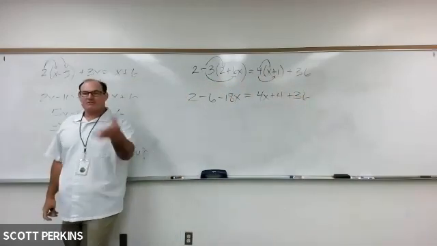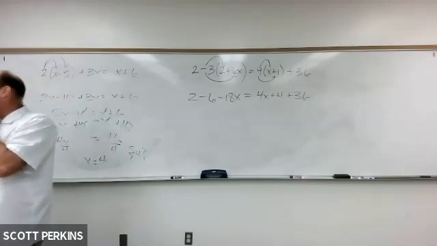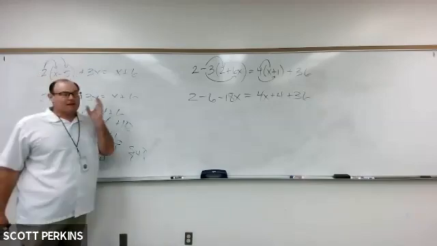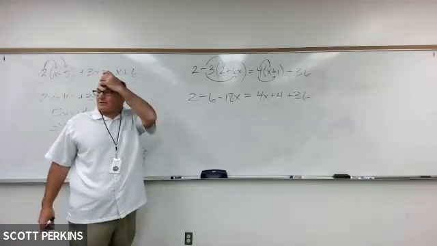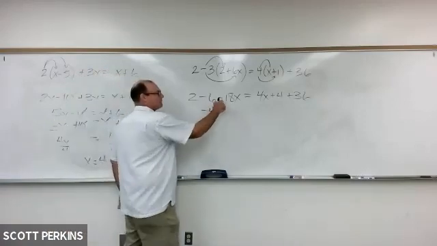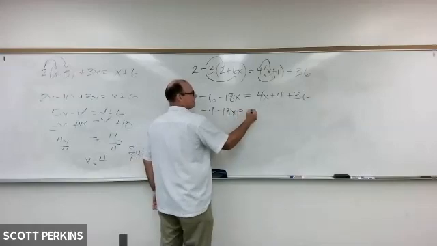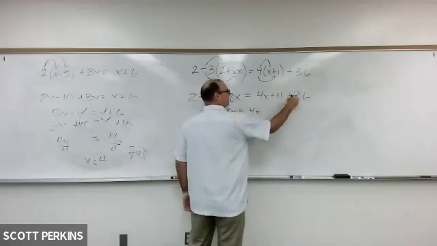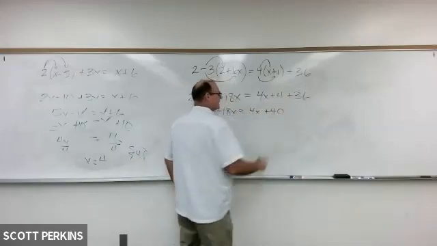And again, this problem is just like all the others that we've been doing at this point. I'm going to collect these like terms that I've gathered here, and then I'm going to solve. So 2 minus 6 is negative 4, minus 18x. Then I've got 4x, and then 4 plus 36 is 40.